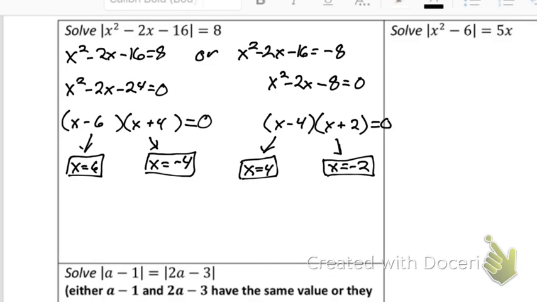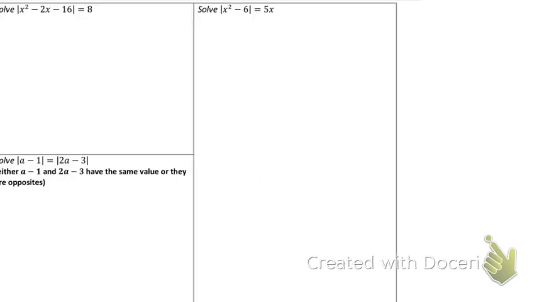Okay, what's different about the next one? Well, you can only have it where x is positive. Why can x only be positive? Because you can't have an absolute value and get a negative number. Absolute value of this has to equal 5x. Can an absolute value ever be negative?